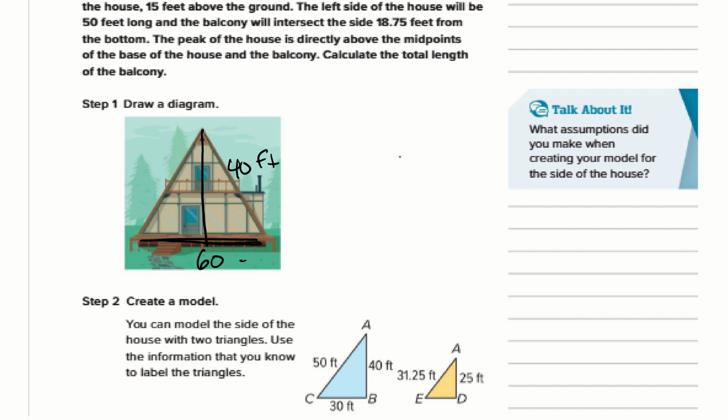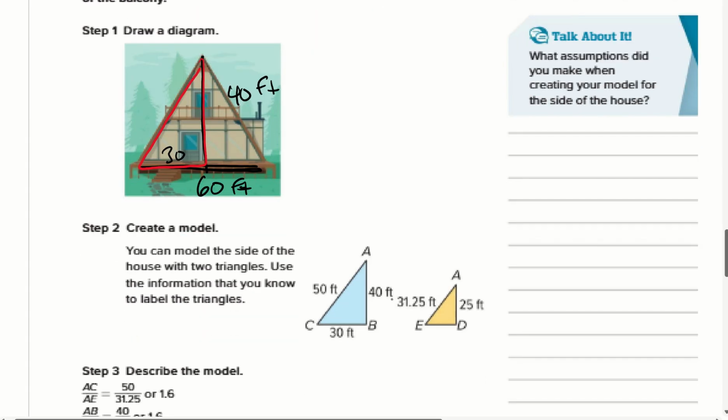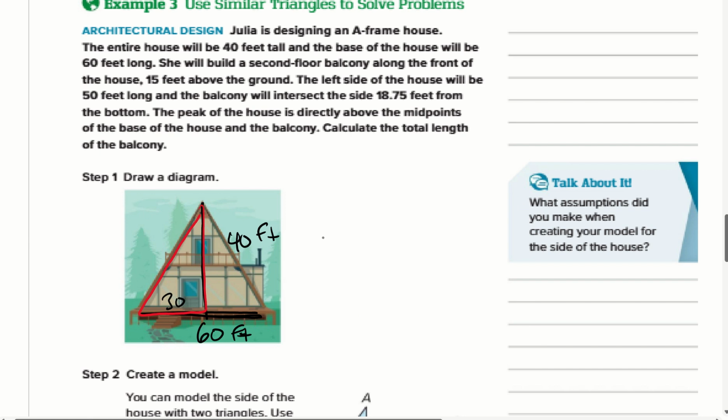And the base is 60 feet. Well, if the base is 60 feet, then this has to be 30, half of that, right? And so we have ourselves this triangle right here, which is 40 feet and then 30 feet. So that's one right here, 40 feet, 30 feet. And they said the left side of the house would be 50 feet long. So that's that triangle there.